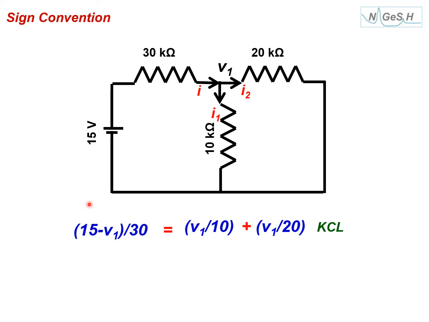This is in accordance with the direction which I gave for the current. Suppose it turns out to be a negative number, then I should realize that the actual current is flowing in the opposite direction. We should be conscious about that. Then here, same thing, V1 minus 0, and V1 minus 0 here also.